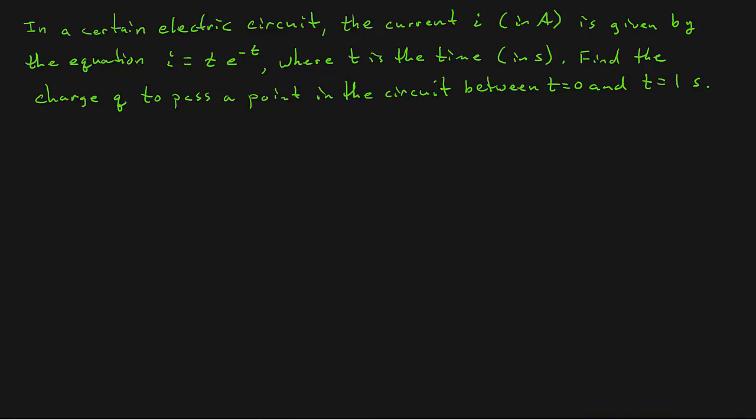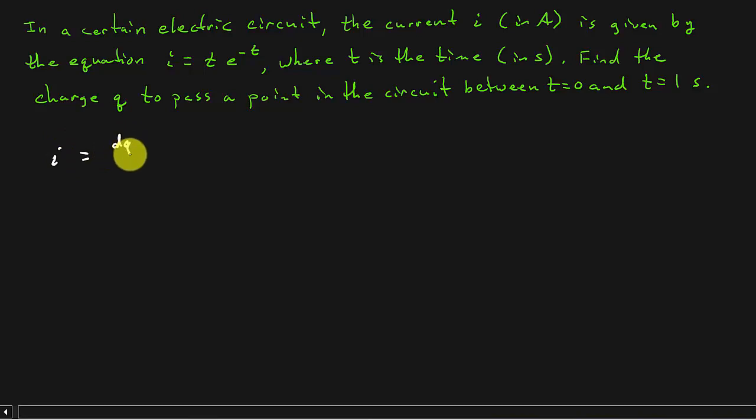All right, so we've got the current I and the charge Q. I don't know if you've seen some of my previous videos or if you know this formula, but the current I is equal to the derivative of the charge.